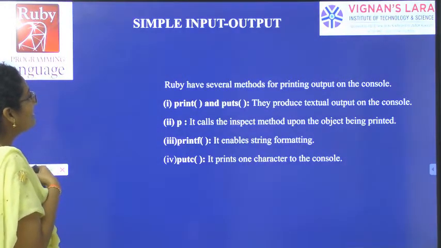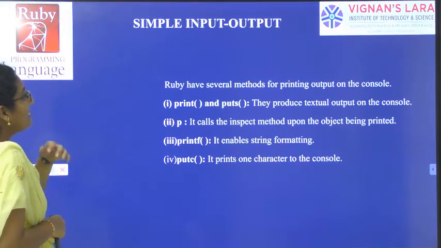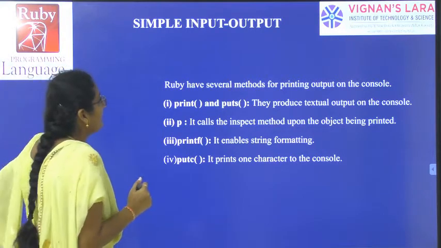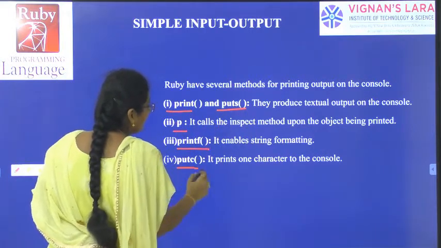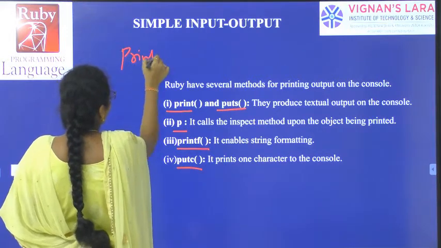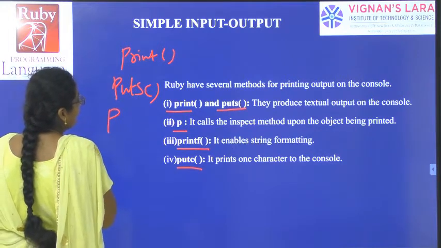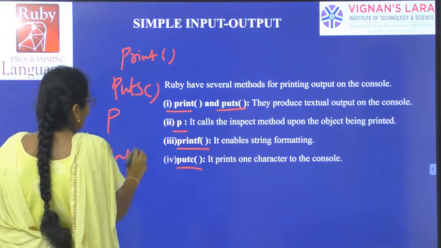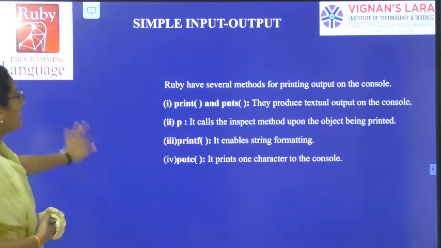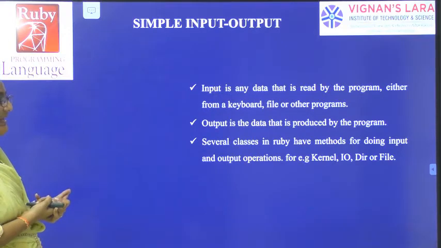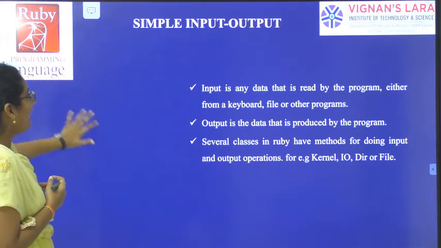What are the several methods we have for printing output in the Ruby programming language? Print, puts, p, printf, putc. So print is a method, puts is a method, p is a method, printf is a method, putc is a method. As I already told you, we have different classes and different methods for input and output in Ruby.